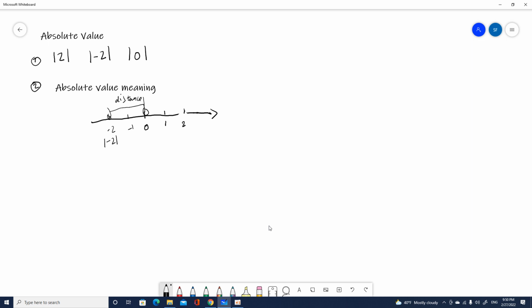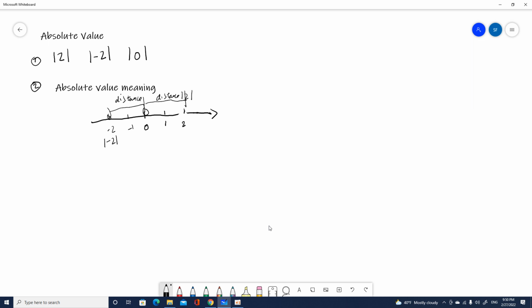Same thing for 2's absolute value. So this is also the distance. Okay, this is about the absolute value meaning.